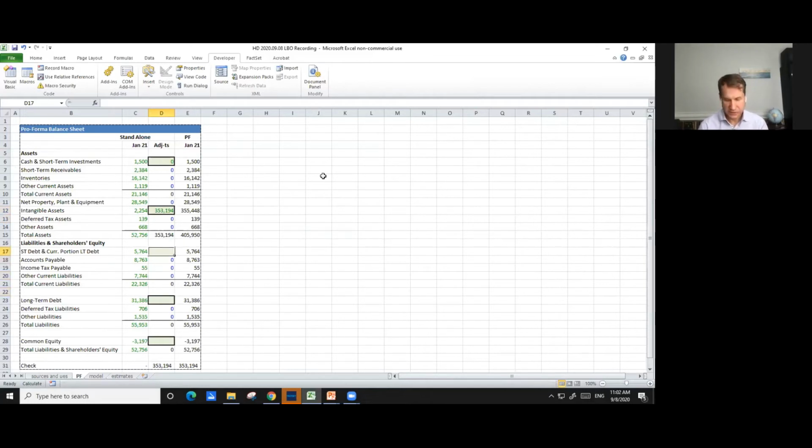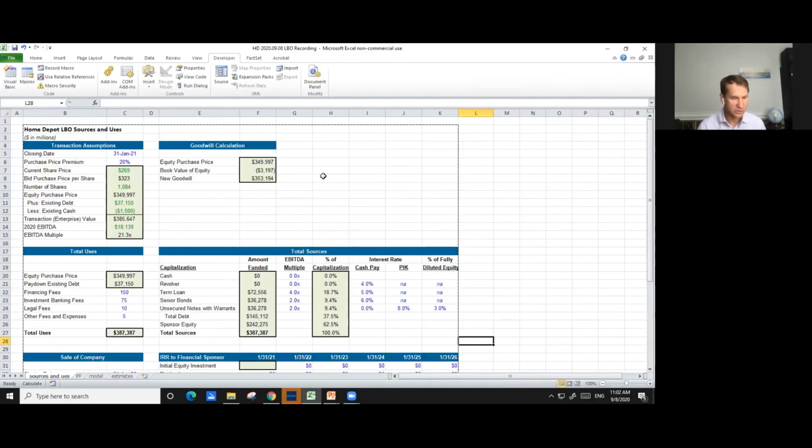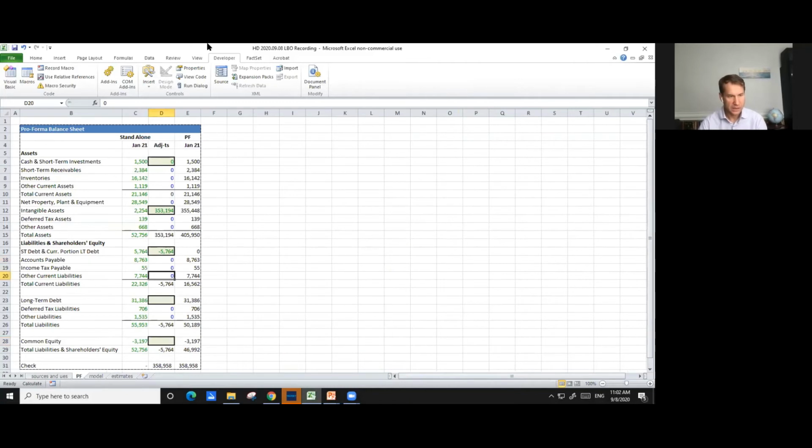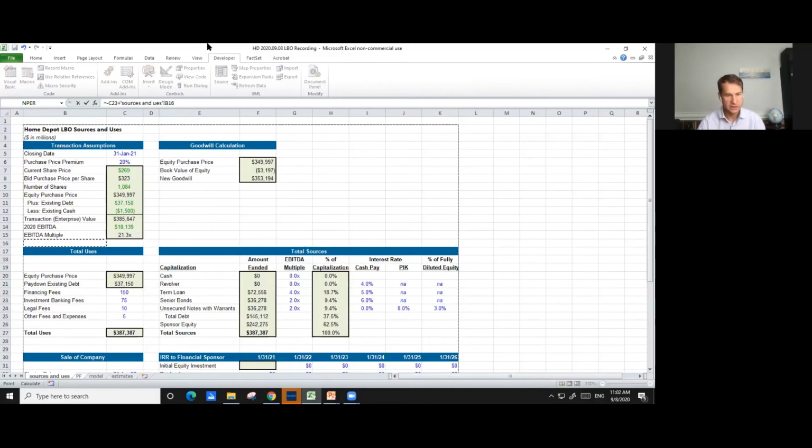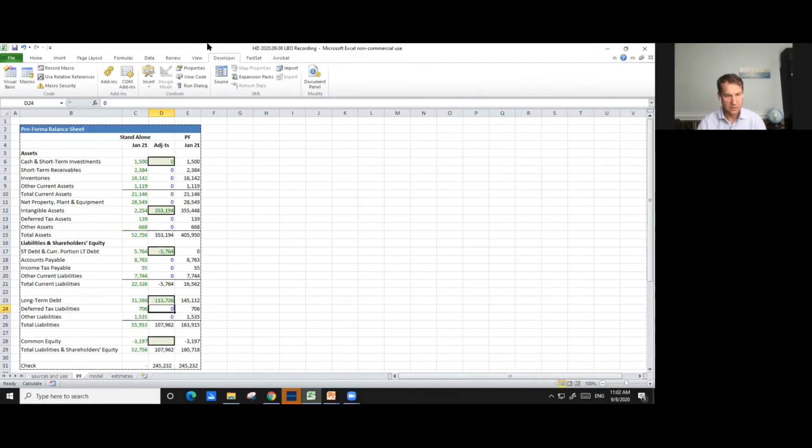On the liability side, for simplicity, let's assume that the debt will be long-term, like we're not drawing on the revolver, which could be short-term. And then for long-term debt, I will subtract all debt and then add the total debt from this deal.